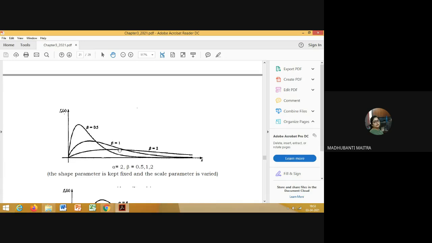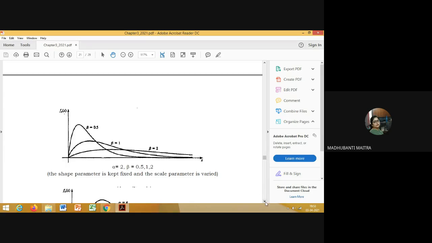you see the shape of the distribution function is completely changed. So here there is no peak which is really very pronounced like this one. So this is the look of the density function for beta equal to 1, whereas for beta equal to 2, the look of the density function is completely different from this density function.